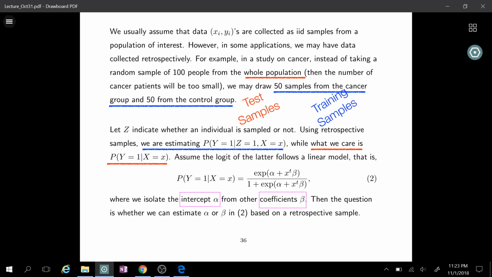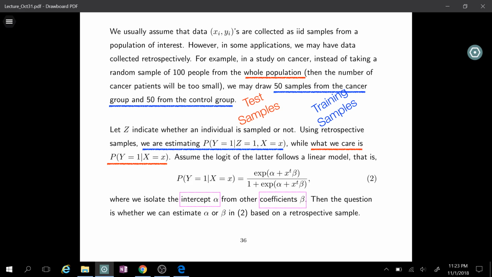So what is retrospective sampling? We usually assume our data Xi's are IID samples from some population of interest. But sometimes we may collect our data retrospectively. For example, in a study on cancer, instead of taking a random sample of 100 people from the whole population, because very likely all 100 people would be non-cancer patients, so no cancer patients in our 100 samples, unless we sample 5,000 or a million people.